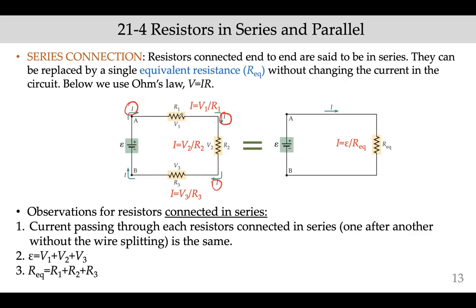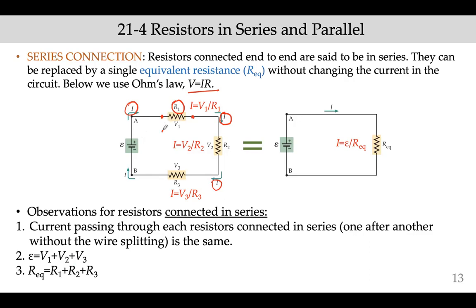That current we can relate to the values of resistance and also the voltage on each circuit element. The relation is basically Ohm's law. For this one, the voltage V1 is the voltage between the terminals of the resistor.